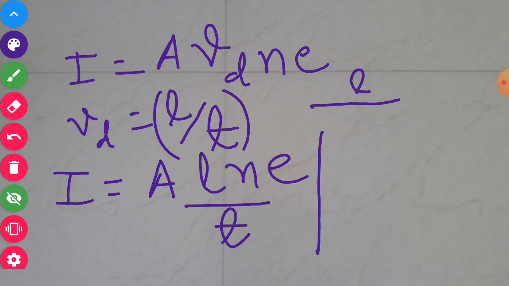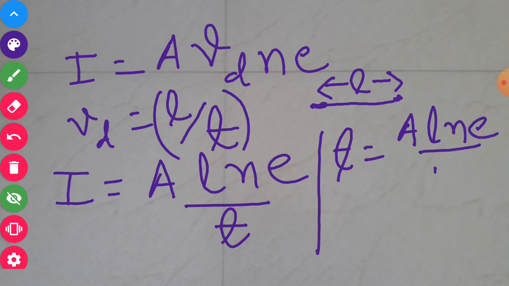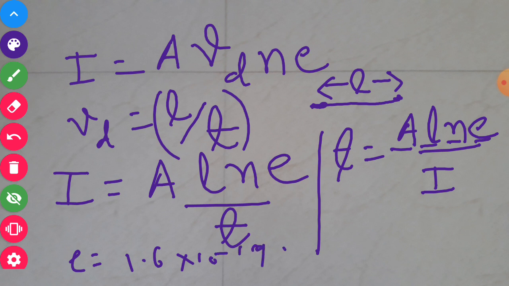So this is your wire, and the length is L. Now you can easily find the time. Time is equal to A L N E upon I, and all these values, cross sectional area, length of wire, N, are given, and E is known to you. What is E? E is charge, 1.6 into 10 raised to minus 19 coulomb.